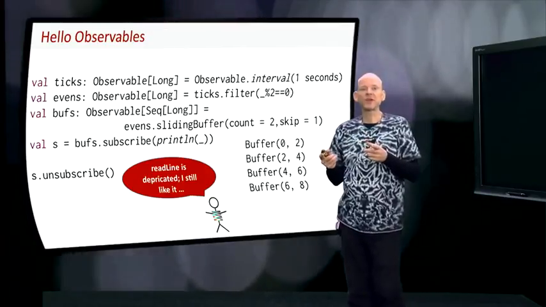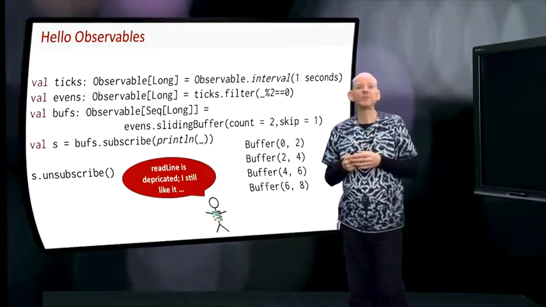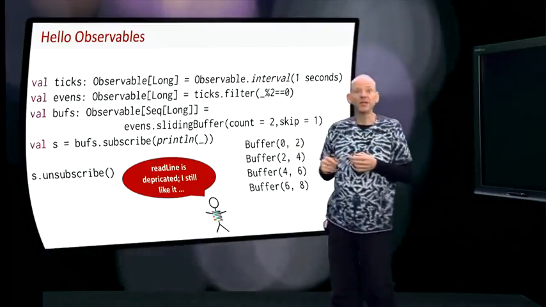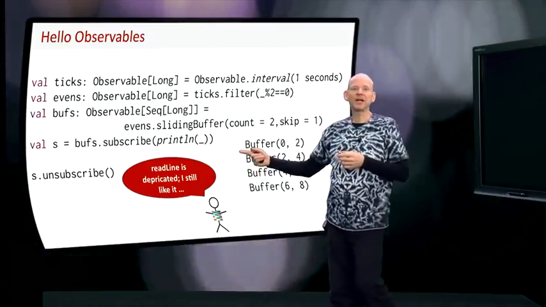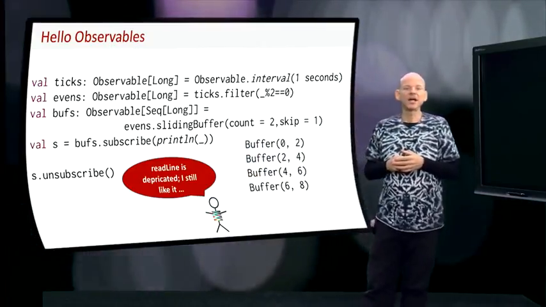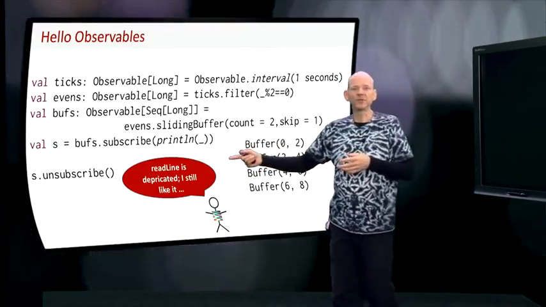And we're going to subscribe to the result of buffering that stream into chunks of 2 shifted by 1 by just doing a print line, and then we do a read line in between there, and then we unsubscribe.